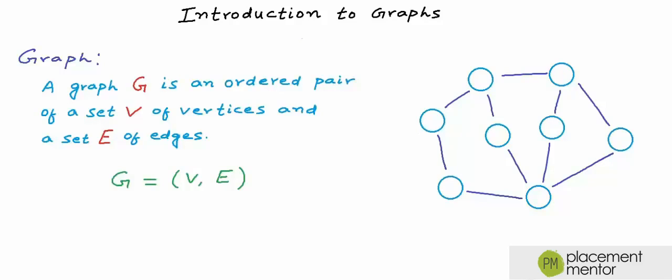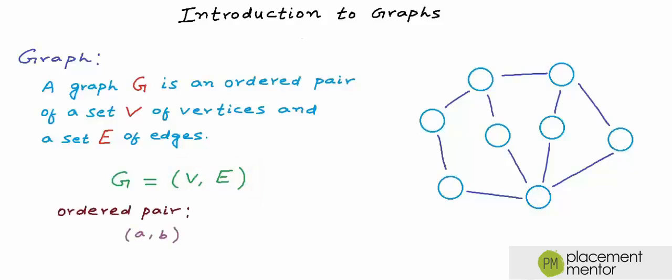Now I'm using some mathematical jargon here. An ordered pair is just a pair of mathematical objects in which the order of objects in the pair matters. This is how we write and represent an ordered pair. Objects separated by comma put within parentheses. Now because the order here matters, we can say that V is the first object in the pair and E is the second object.